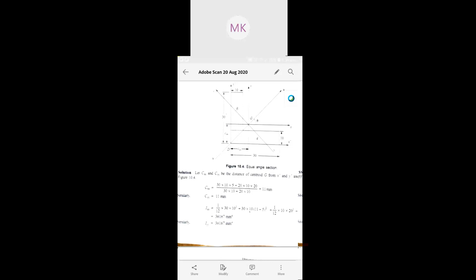We can directly take half of that section. On the right side the dimension given is 10, so half of that is 5. While finding Cxx, we write A1 into X1. A1 is 30 into 10, and X1 is half of the dimension 10 from the x dash axis. Up to this part, I think all of you got it.